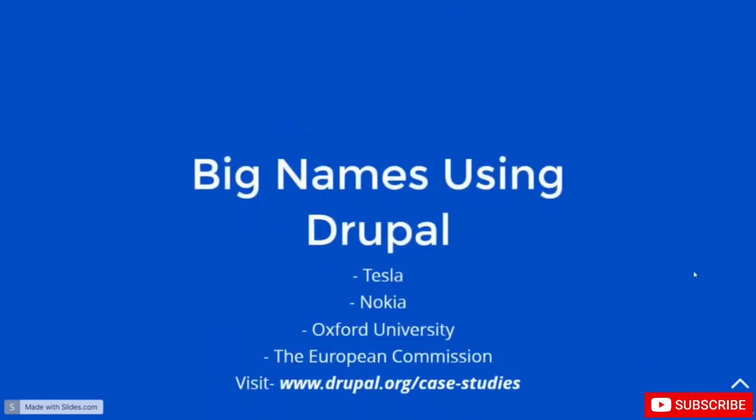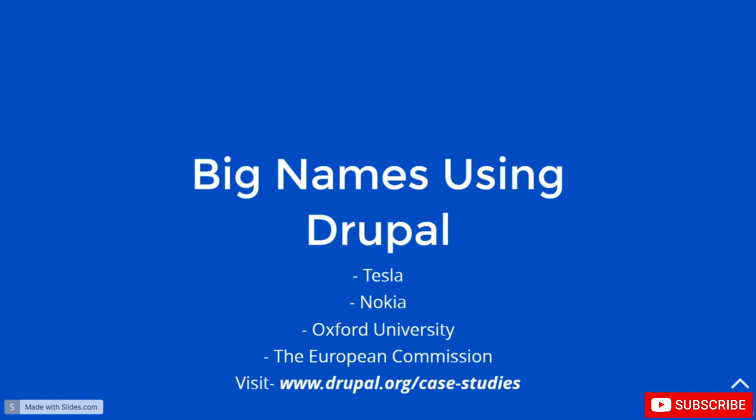Now let's go ahead and take a look at some of the companies, some of the big names that are using Drupal, and these names might surprise you. The first big name in this list is Tesla. Tesla is using Drupal to power their website. Then Nokia, Oxford University, the European Commission, these big names are using Drupal, and these websites are serving millions and millions of requests every single week.